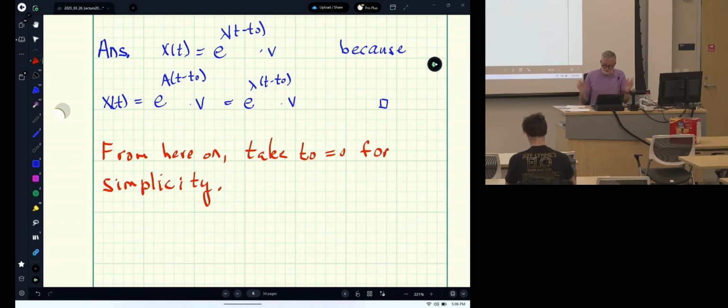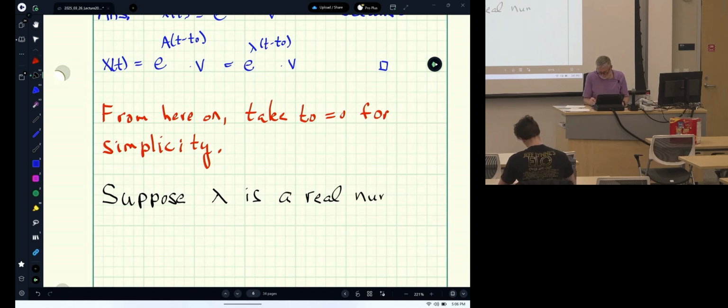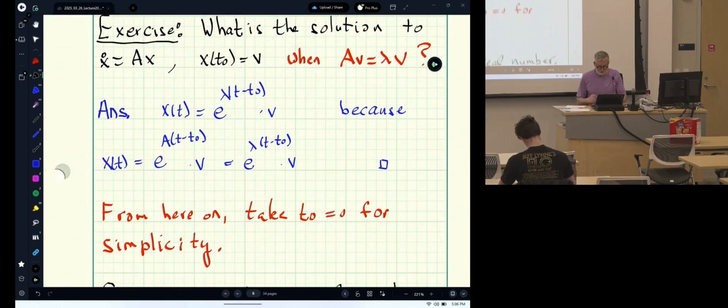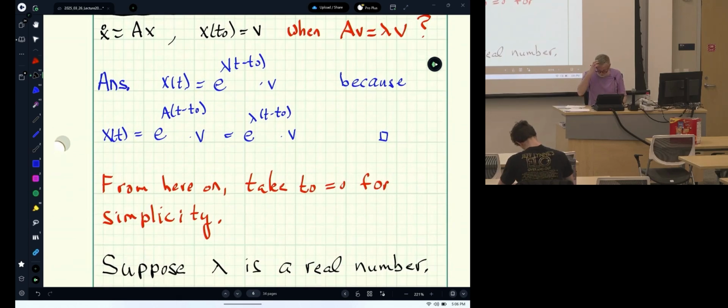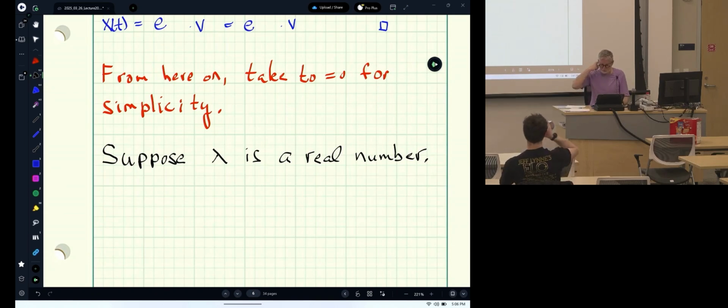We just shift the clock. Let's suppose lambda is a real number. I kind of pulled a fast one on you because I didn't say whether lambda was real or complex or anything, but we'll come back to that. Let's keep it simple, keep it grounded. Suppose lambda is real.